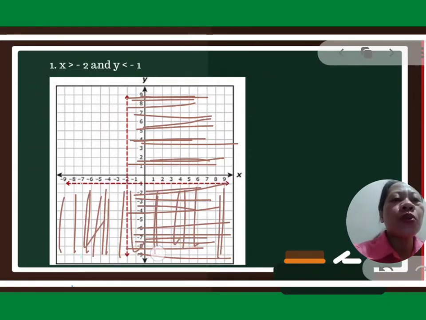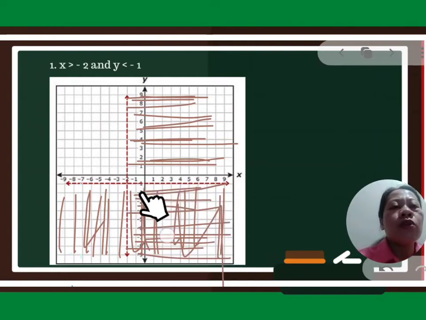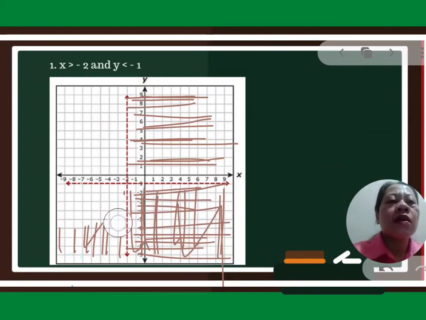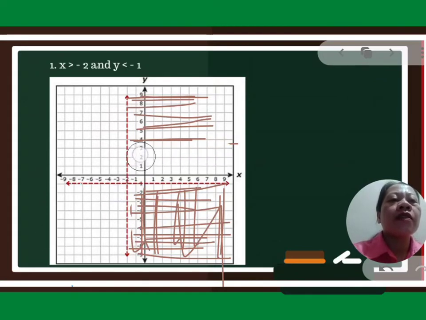So, nakikita nyo po dito, ang dalawang inequalities, ang planes nila ay nag-intersect somewhere dito. Okay, so ito ngayon yung solution to the inequality. So, pwede po nating burahin ang part na hindi kasali or yung mga parts na hindi kasali sa solution to the system of linear inequalities.